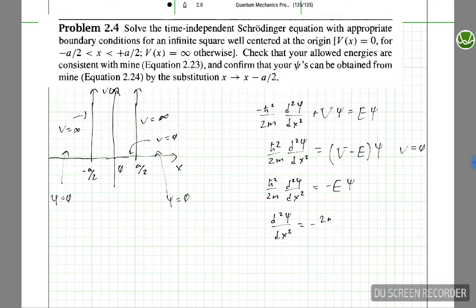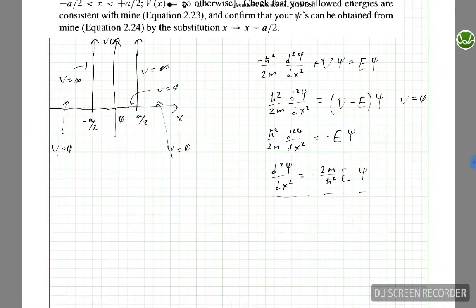And then we have 2mE over h bar squared times psi. Okay. Now, here we have the second derivative of the function equals a negative constant times the original function.